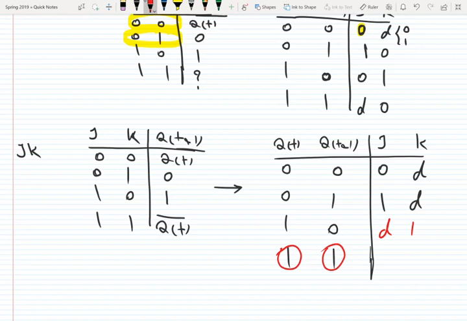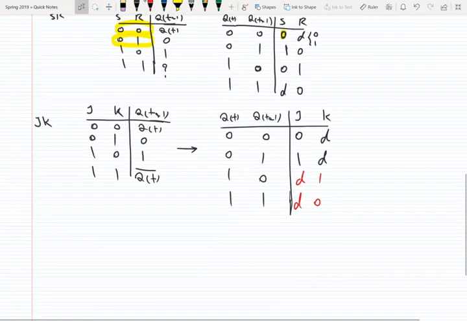Of course, if it's 0, 0, or 1, 0. Very good. If it's set or no change, the output is 1. So for 1, 0 and 0, 0, the output will be 1. So it is D0.